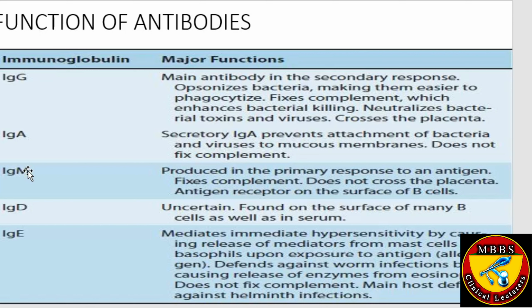Now, IgE mediates hypersensitivity by causing release of mediators from mast cells and basophils upon exposure to antigen, and it is the main host defense against helminthic infection. IgD is found on the surface of B cells, where it acts as a receptor for antigen.